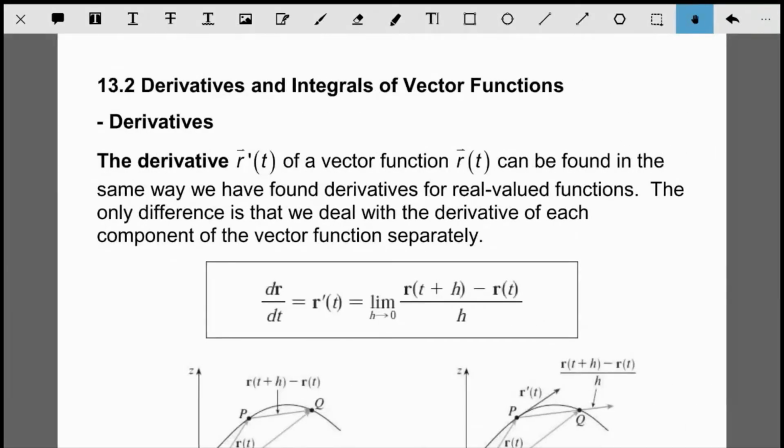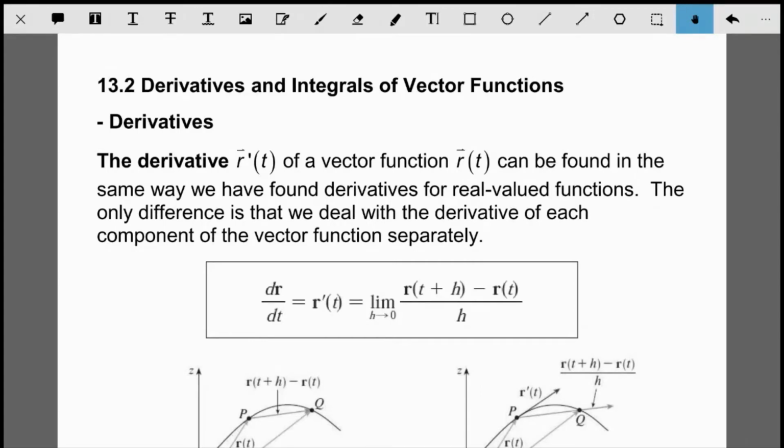All right, so the next section focuses on derivatives and integrals of vector functions. So again, it's the same idea as what we talked about in the last section, where essentially what we're doing is we're taking what was true in 2 dimensions and we're showing and assuming that the same things are true in 3 dimensions.